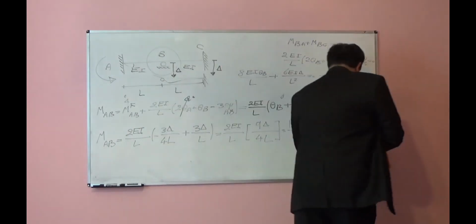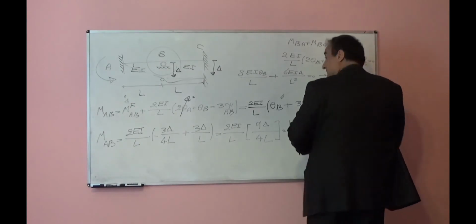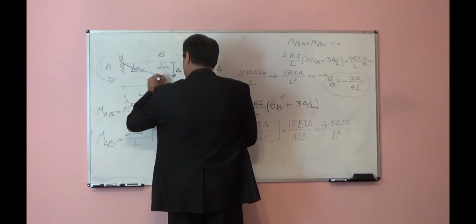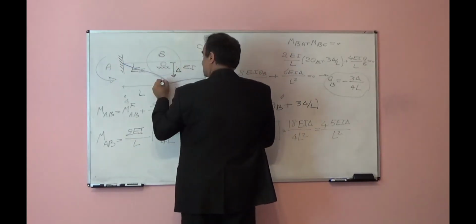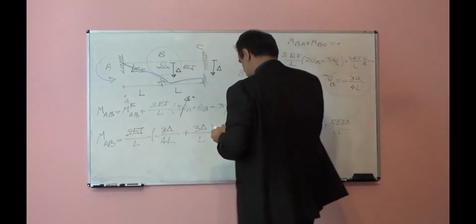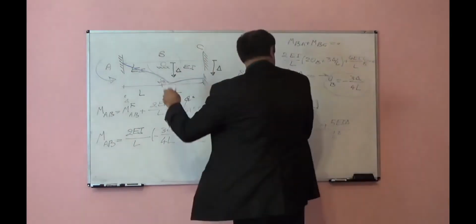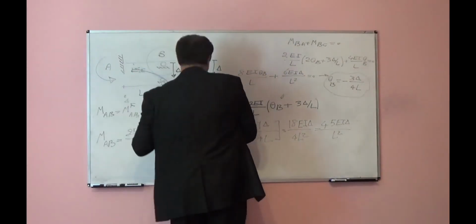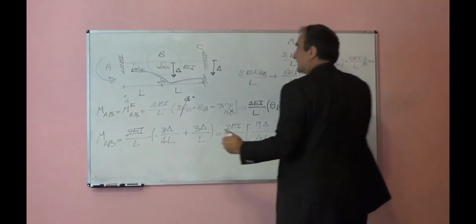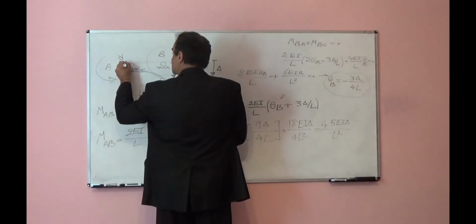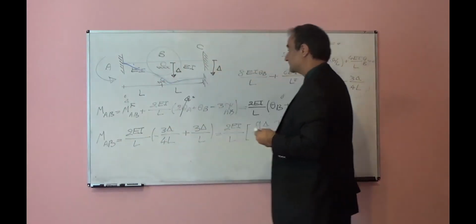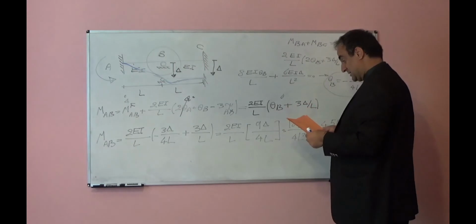Let me draw one more time with another color. Something like this. Of course here, this is wrong, sorry, I should correct this one. Here, the tangent should be horizontal, so it will be something like this. Okay, let's look at the next example.